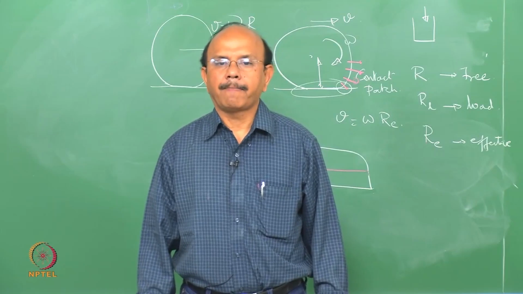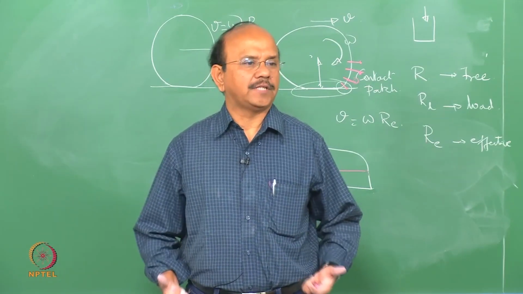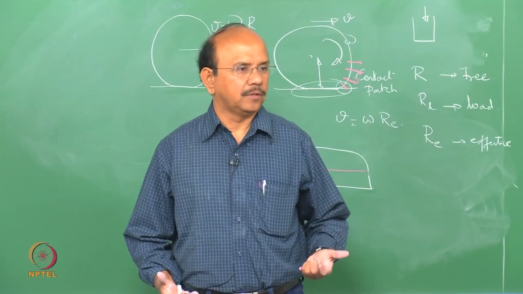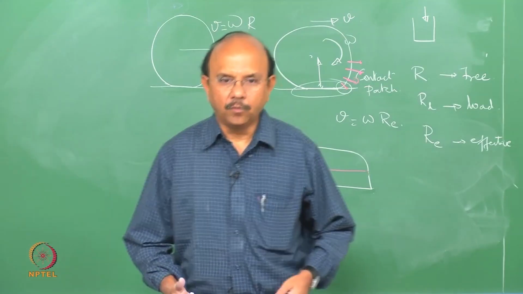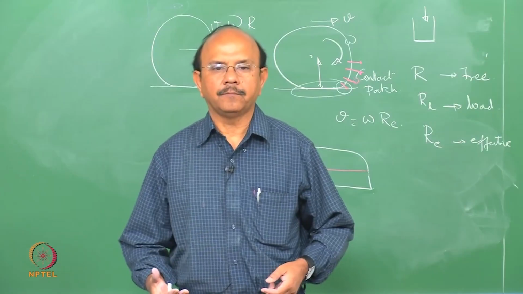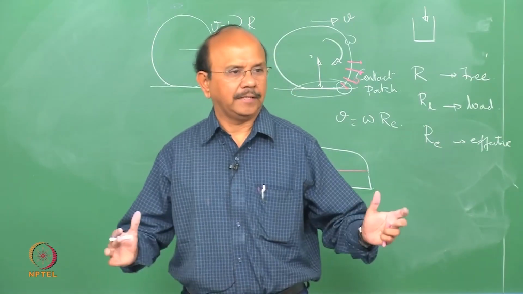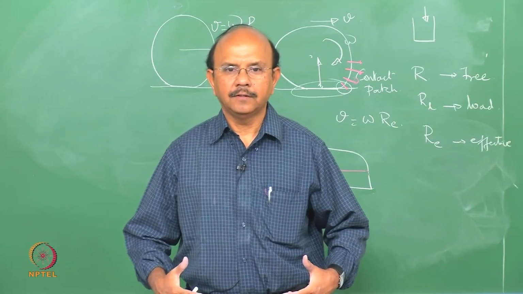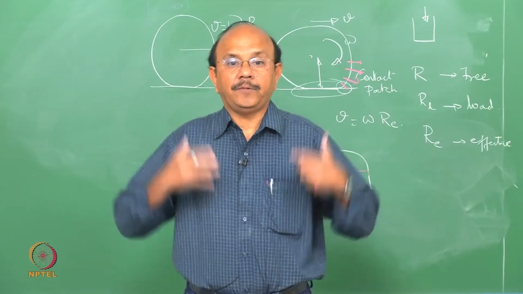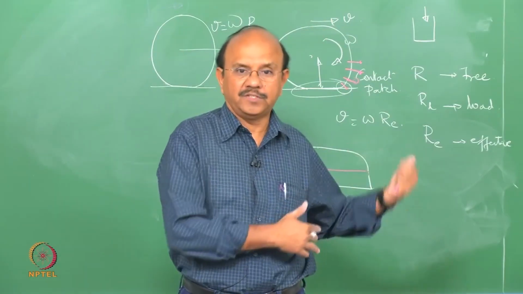At one point of time, I won't be able to stand there because of all these forces. I have to slip a bit. I'll just move like that. It's a micro slip. Then again, I'll be subjected to a contact force which will not be the same as what it was before. We will see that.